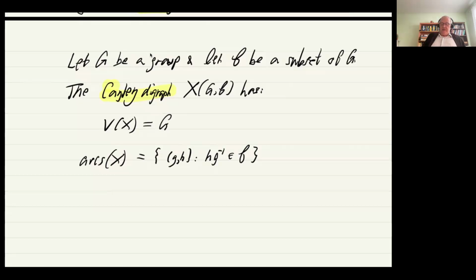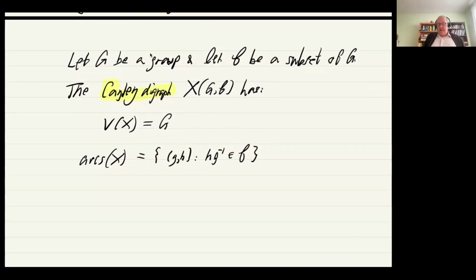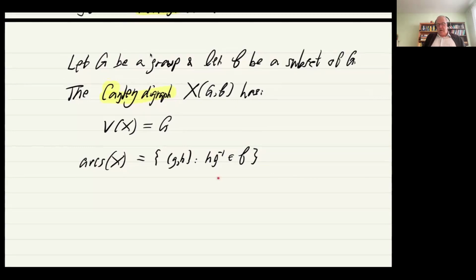Now, I tend to be lazy, and when I talk about Cayley graphs, it may be that I mean a Cayley digraph. Okay, but I'm going to try to be careful for a while here. The other comment I need to make is that it matters here whether you put hg inverse or gh inverse. There's this question of whether things act on the right or the left, and so I've chosen this so it makes stuff work. Now, if the group's abelian, then the order doesn't matter. But if it's not abelian, then the order matters. And so you need to remember that we're taking hg inverse.